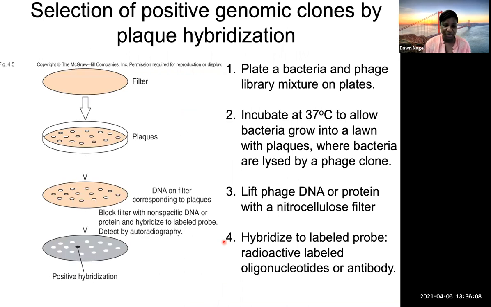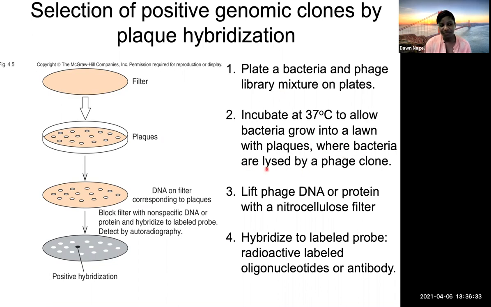Once you have your phage on the plate, the way you determine whether or not your plasmid is present in that clearing on the plate is you have to do what we refer to as plaque hybridization. So you plate the bacteria and phage mixtures on the plate, incubate, you grow at 37, bacteria like to grow at 37, yeah.